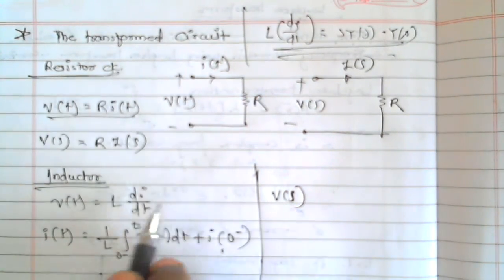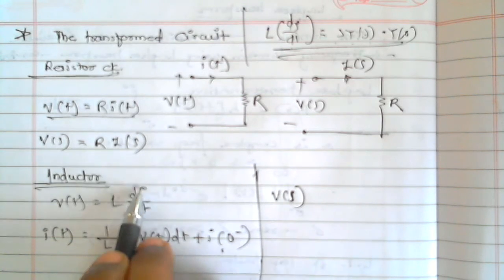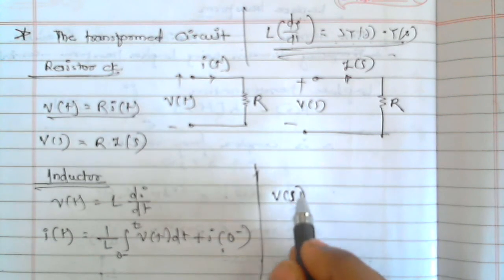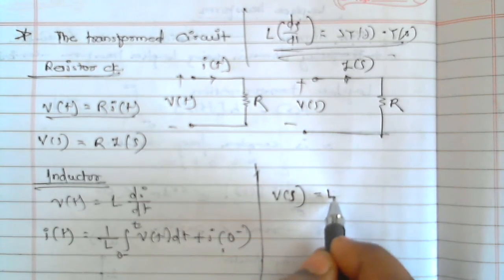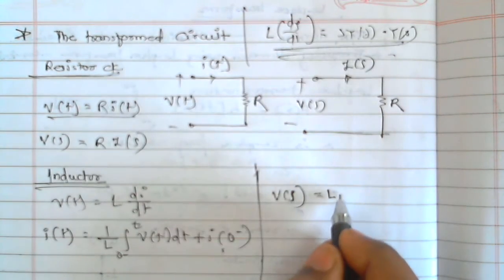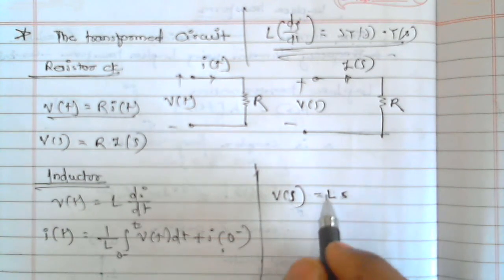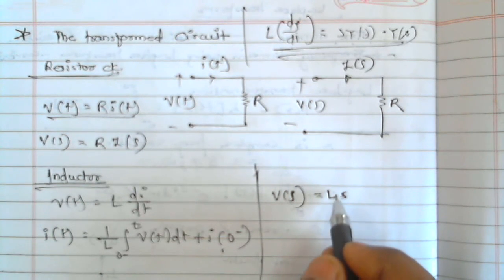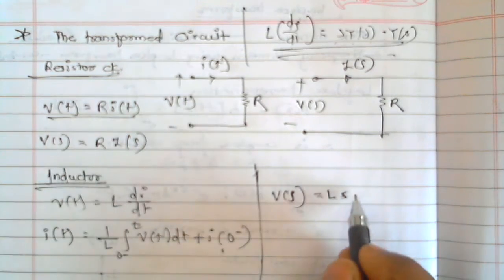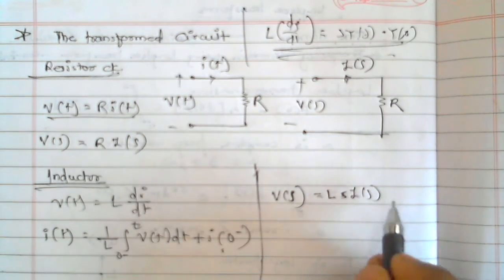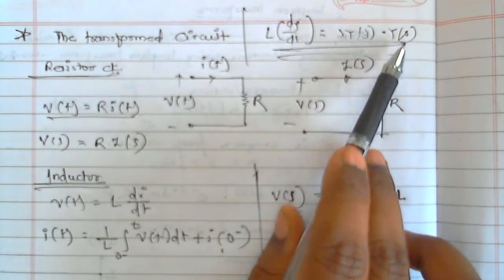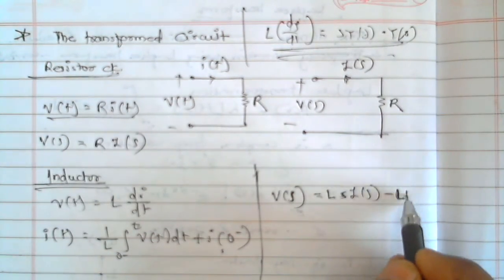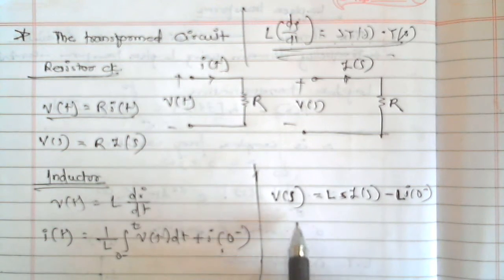On similar lines, Laplace transform of L di by dt, I will keep L as a constant in both terms, becomes L times s I of s minus L times I of 0 minus. Okay, so this is for voltage.